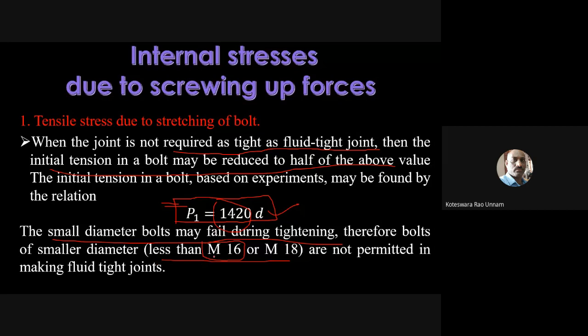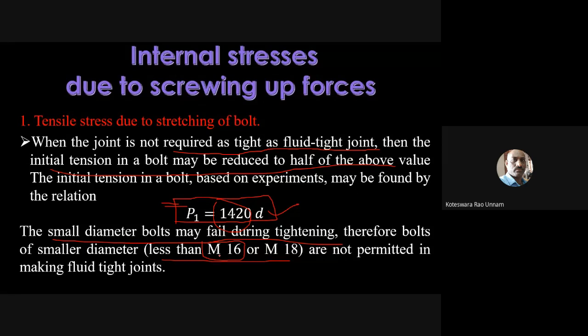The reason behind this is, if you open your data book, for M16, what is the tensile stress area? In the data book, the tensile stress area is only 157 mm square. You can refer to the tables I showed in the earlier class.